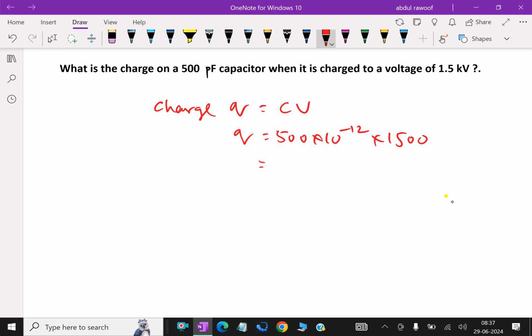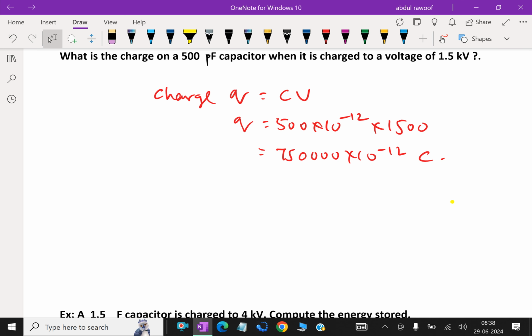So which is equal to 15 into 5 is 75, 4 zeros into 10 power minus 12. That is in coulomb.